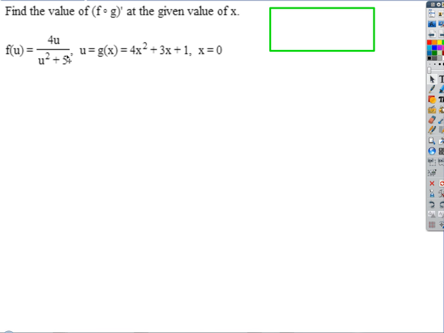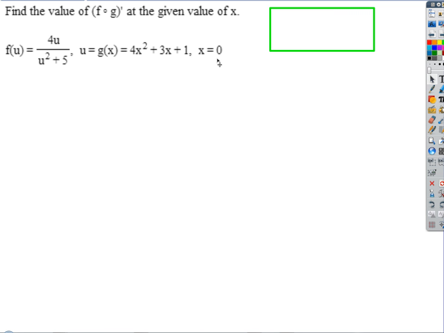We've got this 4x squared plus 3x plus 1, that quantity, on the top is times 4, on the bottom it's squared plus 5, right? So that's a big ugly problem. But if all we're trying to do here is find the value of the derivative when x is 0, well, it's not as hard as it looks.